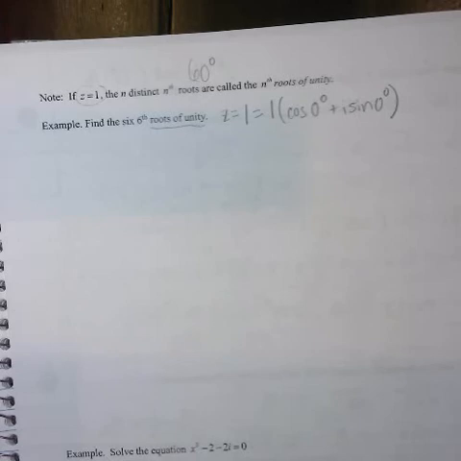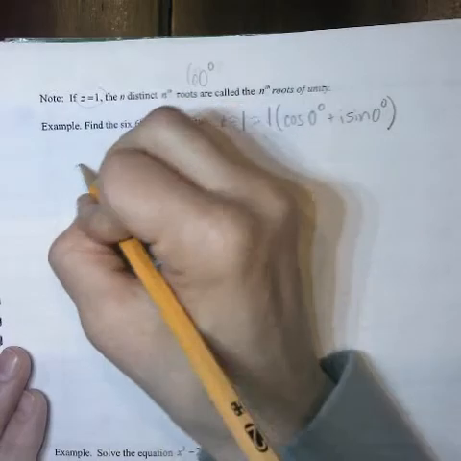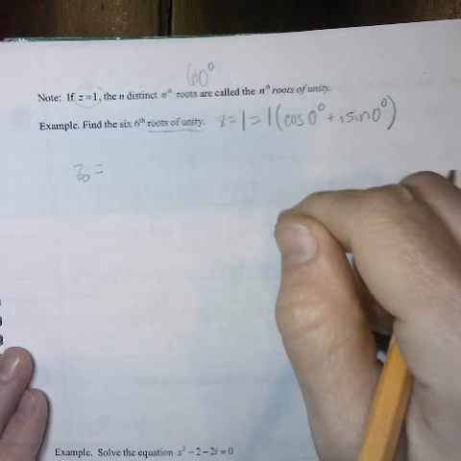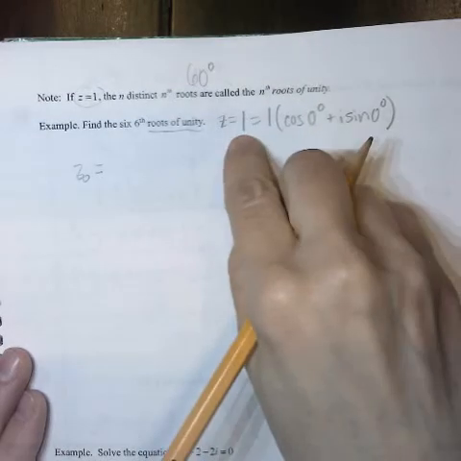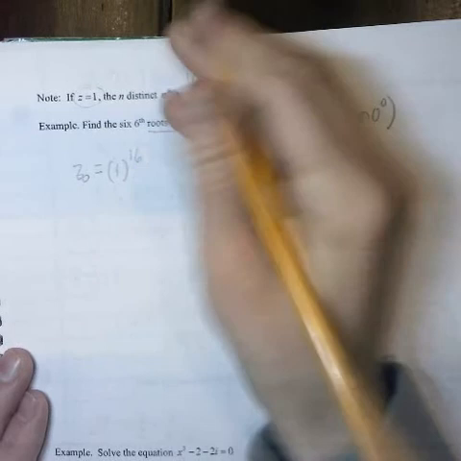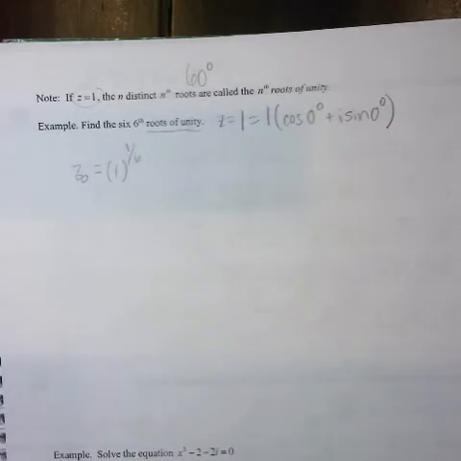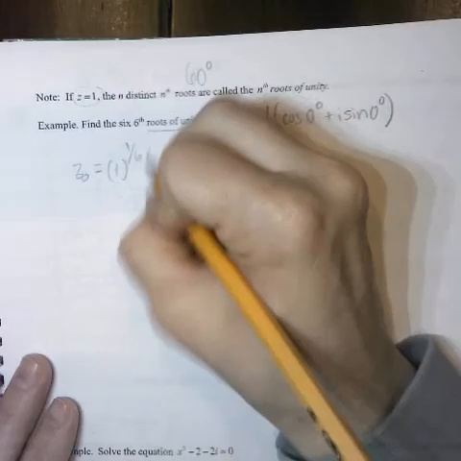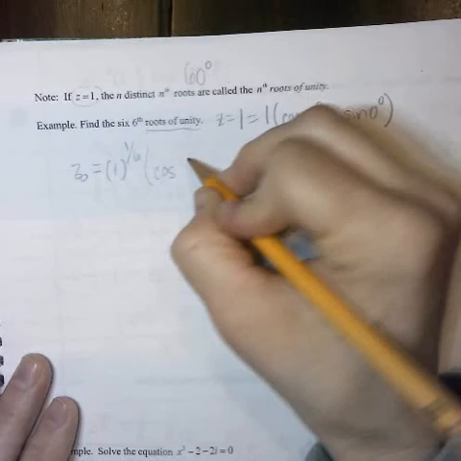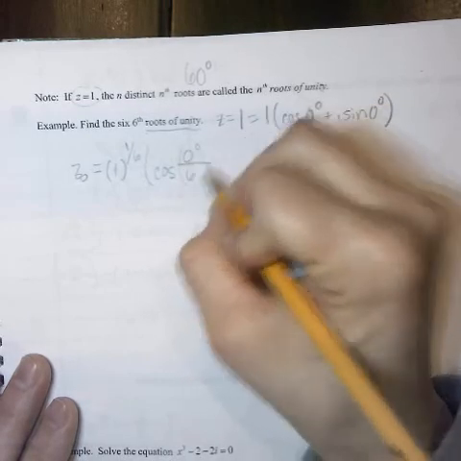Okay, so z sub 0. We're going to take the 6th root of 1, so put 1 to the 1/6. You can use radical notation if you like, but of course that's just 1. And then cosine of 0 degrees over 6, which is 0.